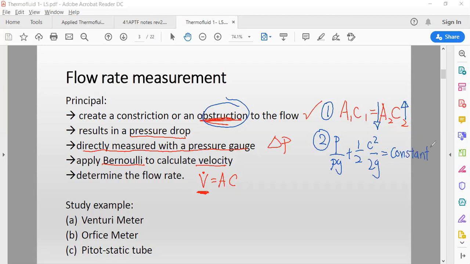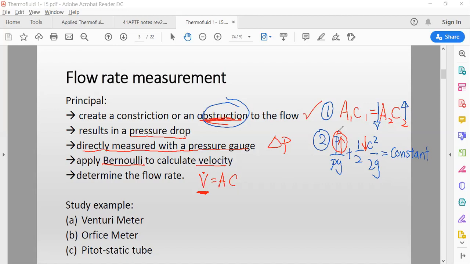So if this is a constant, when we reduce the velocity, the effect is the pressure will increase. If the pressure increases, we will be able to measure this pressure.